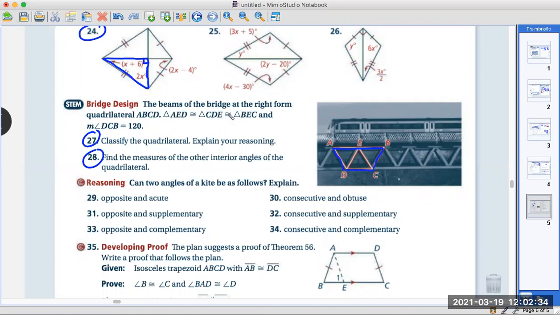And then they give you these little clues. Triangle 1, triangle 2, triangle 3, those are this. They're all congruent to each other. That's the clue. And they're giving you an angle measure.